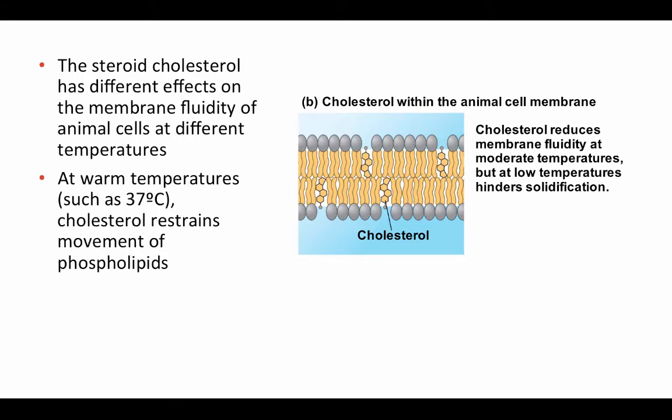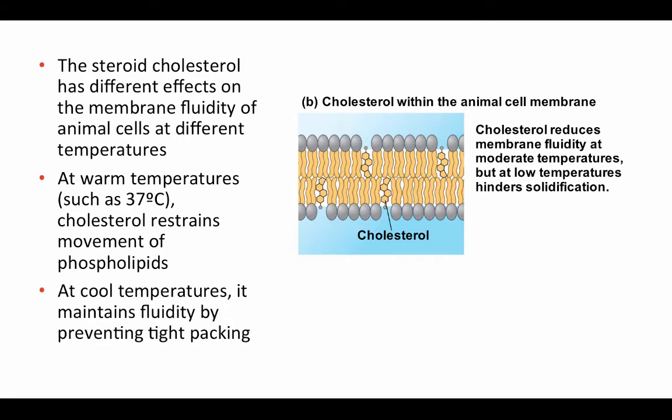At warm temperatures, where normally this cell membrane would be becoming more fluid and move around more, cholesterol is going to restrain the movement of those phospholipids and make it more solid and less fluid. At cool temperatures, where normally these phospholipids would not be moving so much and would be starting to pack more closely and becoming more solid, it's going to maintain fluidity by preventing that tight packing and giving some space in between those phospholipid molecules.